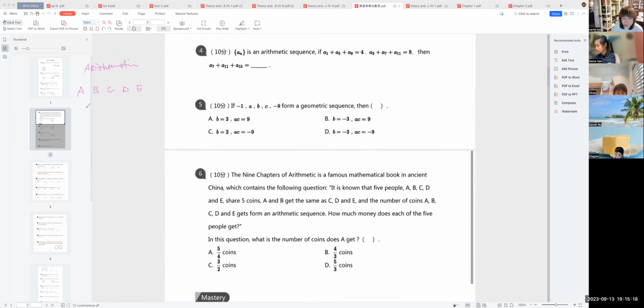And because it's an arithmetic sequence, we have 2C equals B plus D equals A plus E. And also we can write 2B equals A plus C, as well, right? And because this one said A and B get the same as C, D, E. So A plus B equals C plus D plus E. You get it?